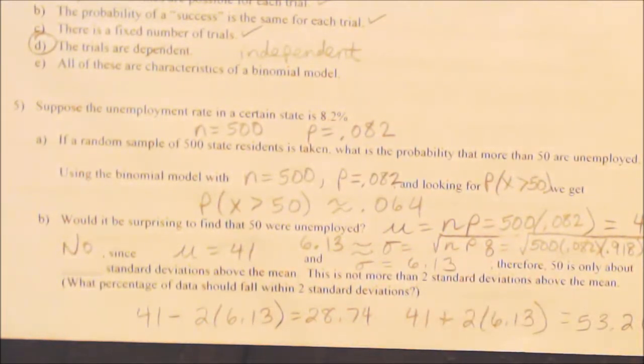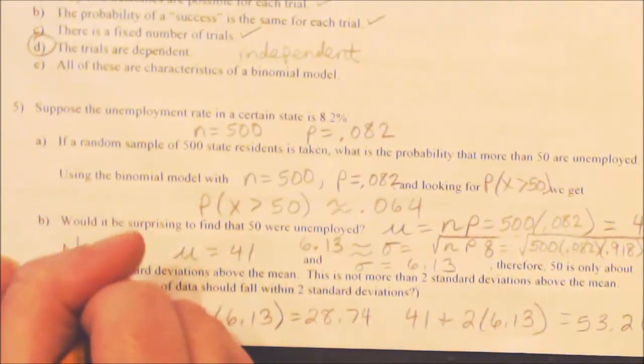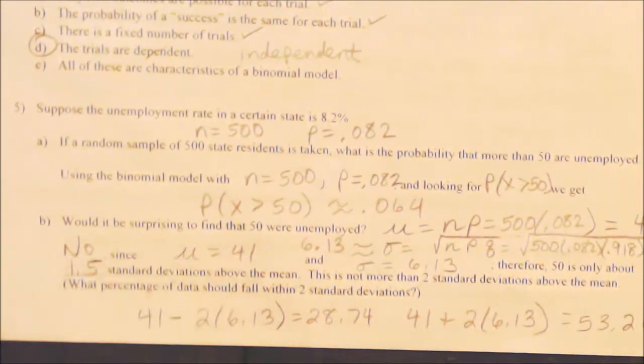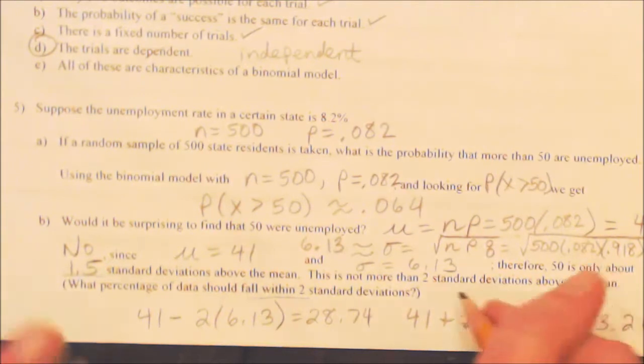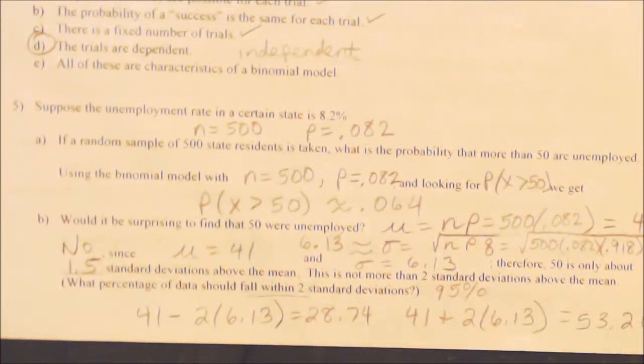If we calculate the z-score, I think we get about 1.5, so 50 is about 1.5 standard deviations above the mean. So this is not more than 2 standard deviations. Okay, what percentage of the data should fall within 2 standard deviations? Remember your empirical rule, 95% of the data should fall within 2 standard deviations.